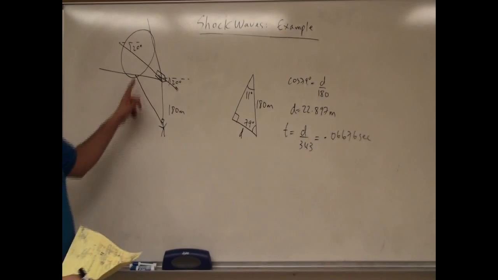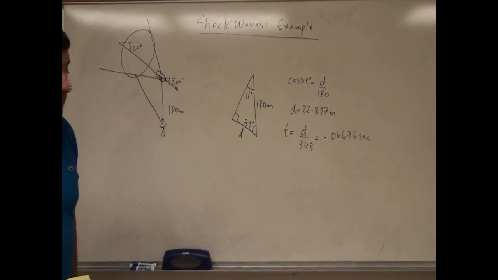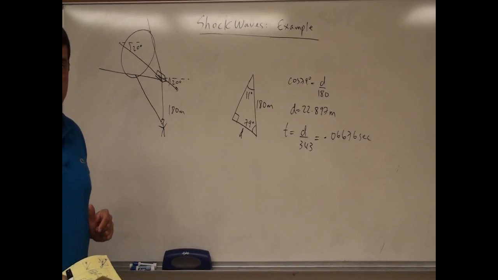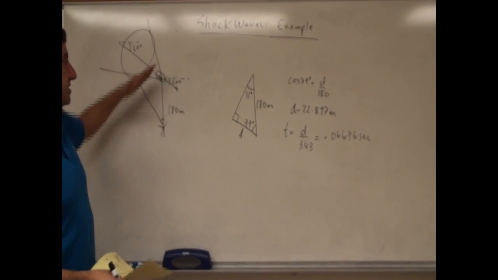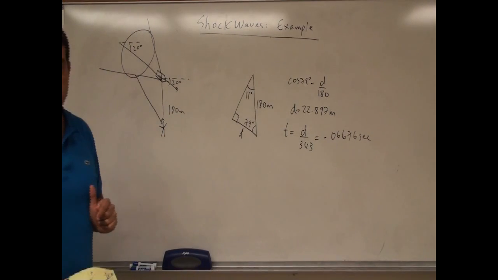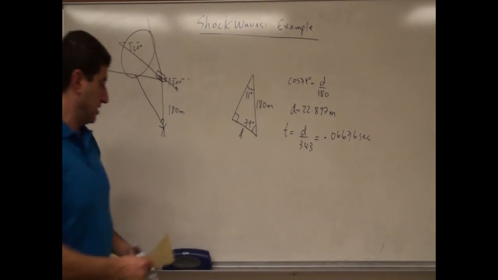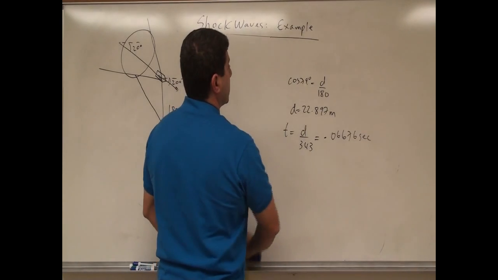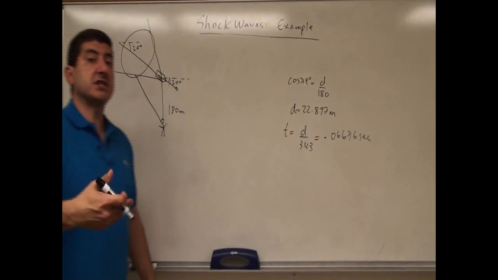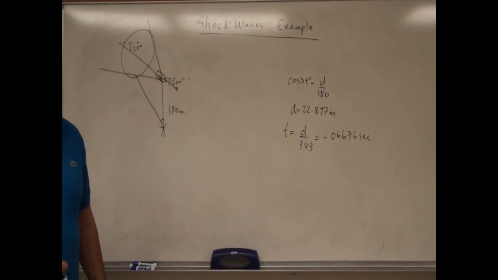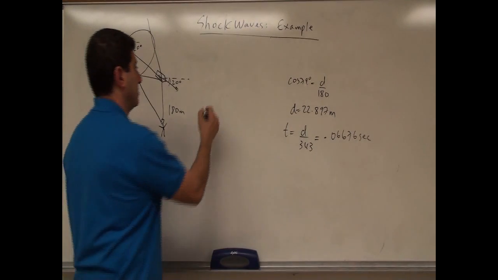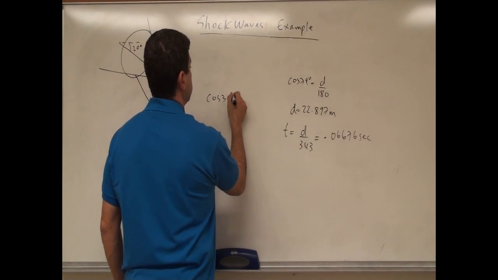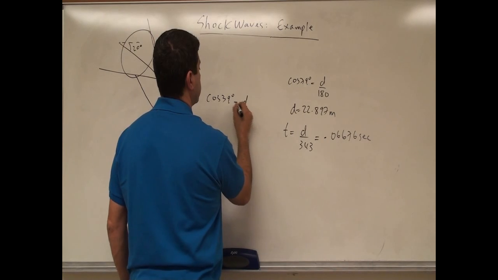Sound wave is going to be quite a bit farther away from you than if it was angled up, right? So we can use the same reasoning to argue that instead of cosine 79, you're going to subtract 20 degrees from 59. So it's going to be cosine 39. Cosine 39 is equal to d over 180.